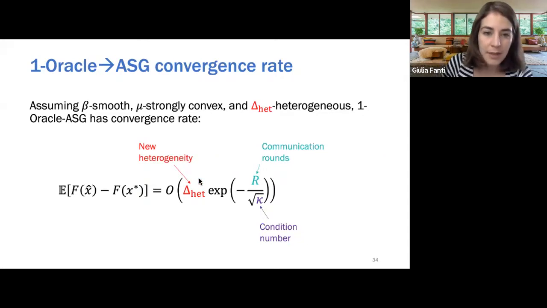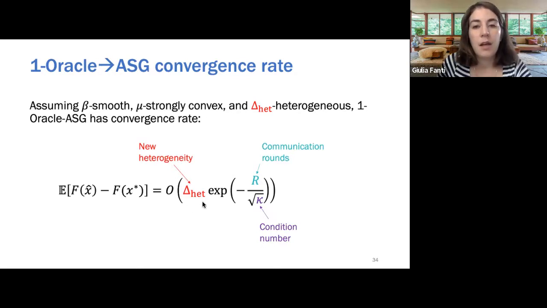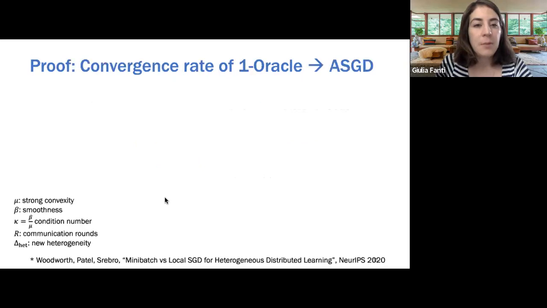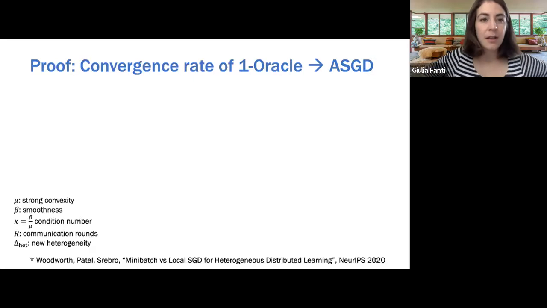We get, again, this nice dependency on R, exponentially decaying in R, and we get this dependency on heterogeneity out front, which we wanted. But in addition, we're getting rid of these pesky O tildes that you might have noticed in the earlier convergence rates. I'll come back to that in just a second.